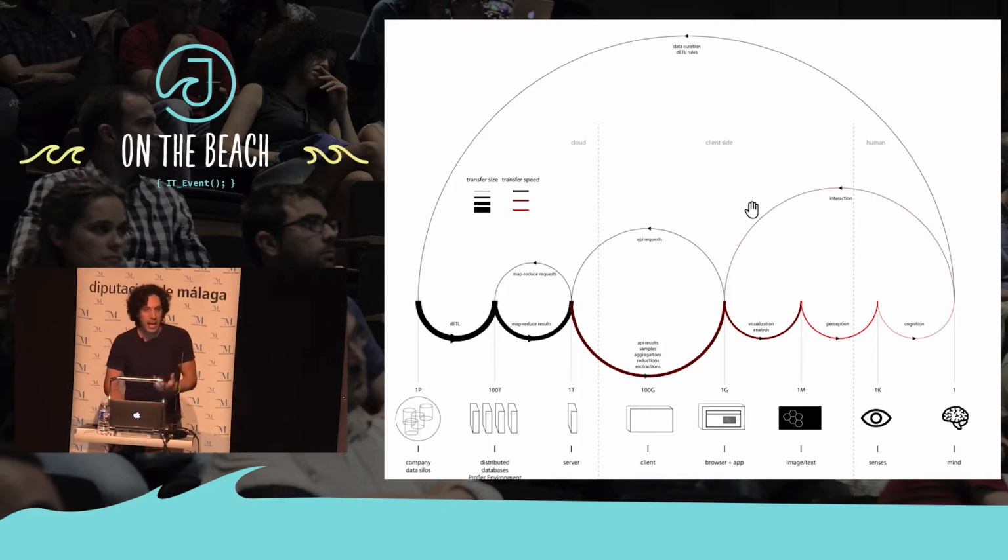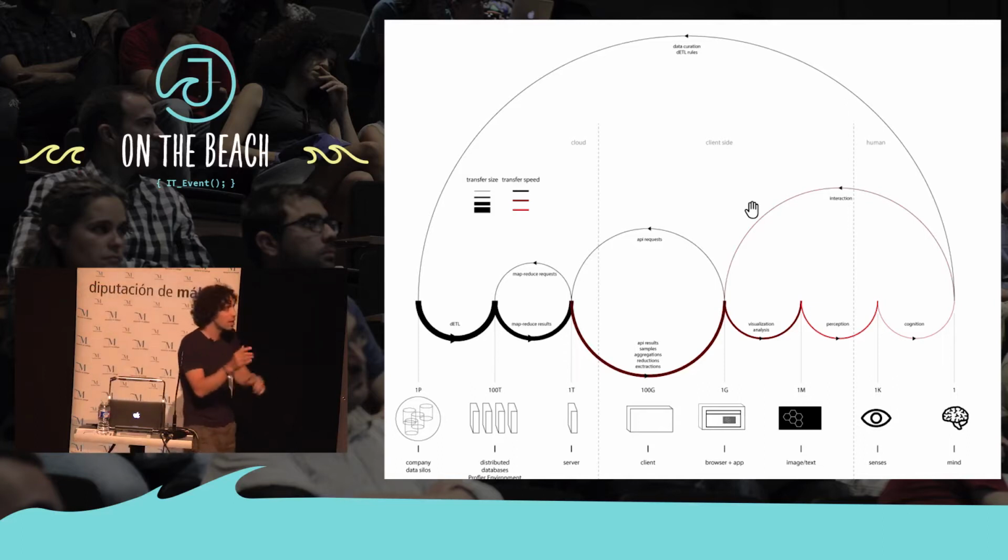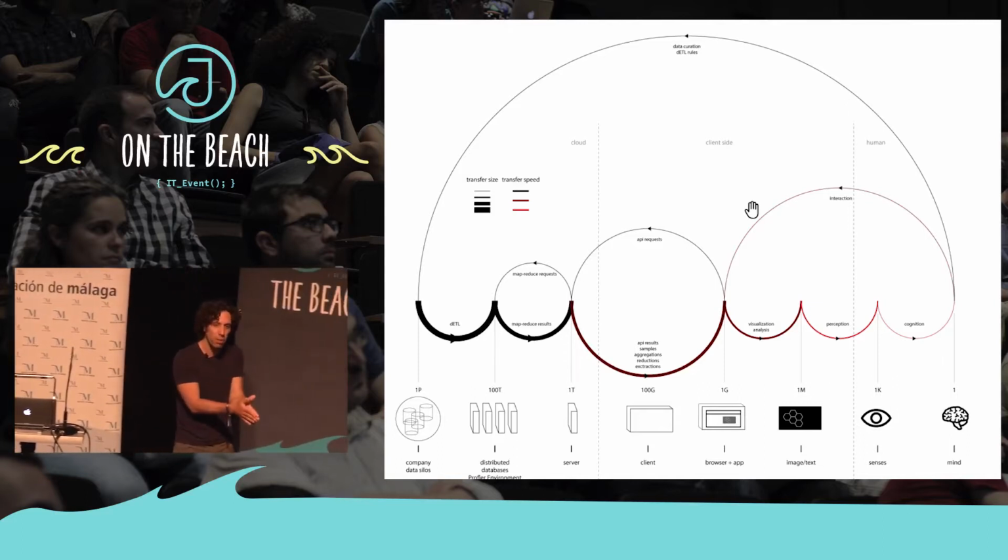the data starts arriving to the client, to the devices. And then, at least in my case, because the visualizations I produce work on the browser, the data has to go to the browser, then the data has to become an image or text, so it is perceptible, and then the senses capture whatever appears on those screens, and then that goes to our mind. The important thing is, in this flow, the size of data gets narrower and narrower, and also the size of information.